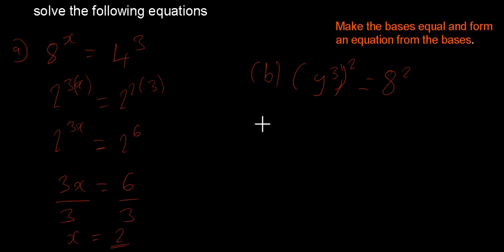So what's going to happen is we work out this multiplied by this, we're going to have 3 multiplied by 2 is just 6.